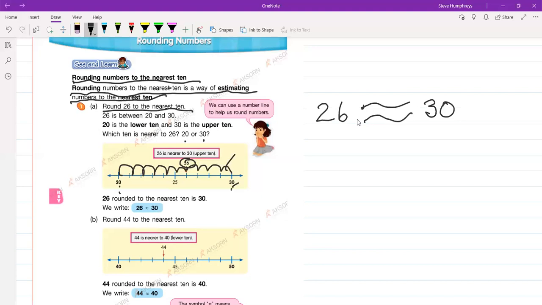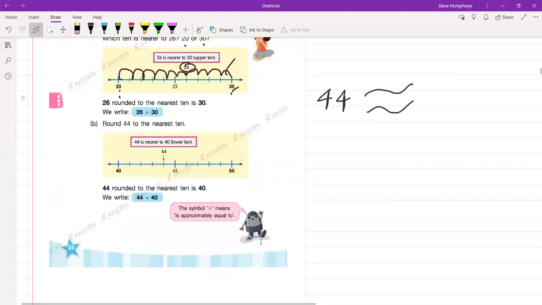And B, round 44 to the nearest 10. There's our symbol again. Let's have a look on the number line. There's 44 here. So to the nearest multiple of 10, 1, 2, 3, 4.